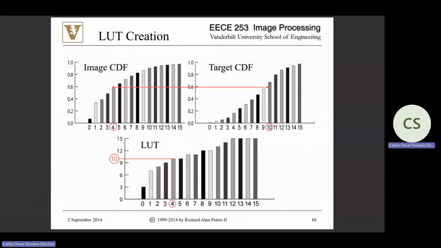And this is the same idea as we said before. For every value, I have to look at what is the probability of having a value smaller or equal to that one. And then I do the inverse of the target CDF to get the gray value that has a similar probability. And then that gives you this transformation matrix. You see that this transformation is also monotonic, so it can only increase or stay.